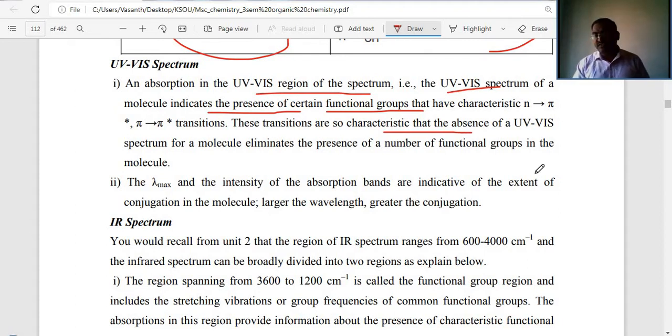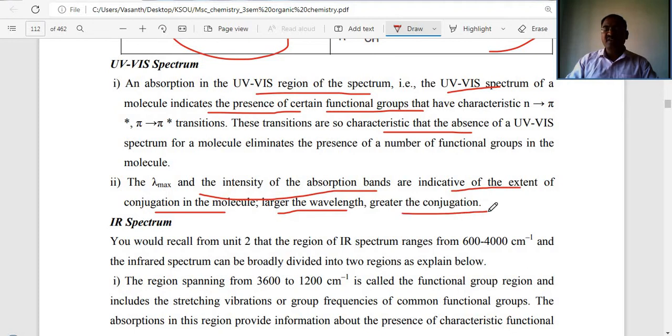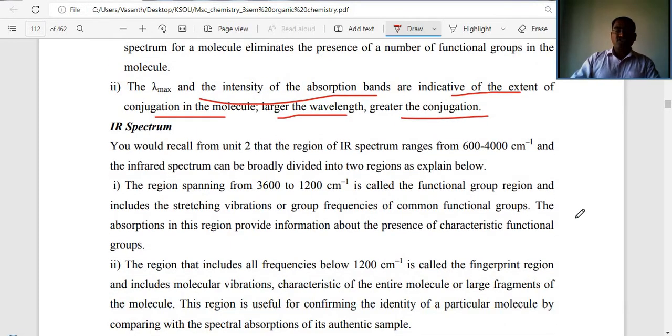Absence of a UV visible spectrum for a molecule eliminates the presence of a number of functional groups. The lambda maximum and the intensity of the absorption bands are indicative of the extent of conjugation in the molecule. The larger the wavelength, the greater the conjugation.